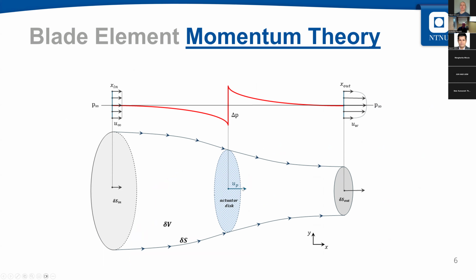So it's essentially assuming an infinite number of blades, and then you get a flow picture as I try to illustrate here with this pressure jump at the disk. Then you can combine these two to solve quite fast and get some initial estimate of propeller performance, known as lifting line code.